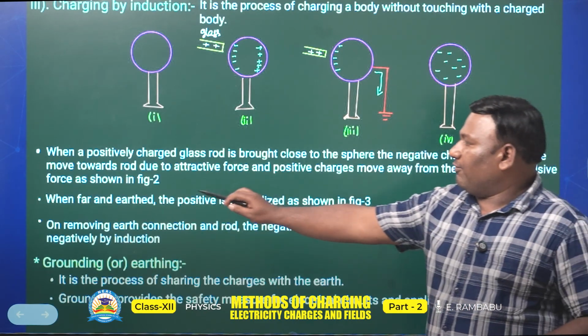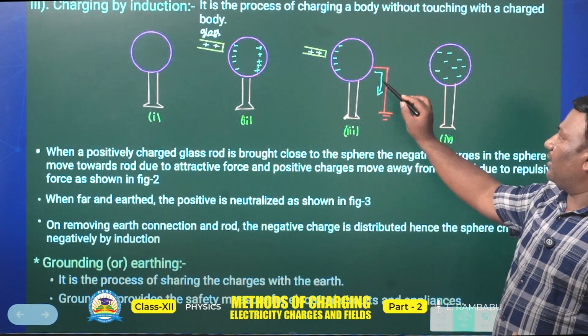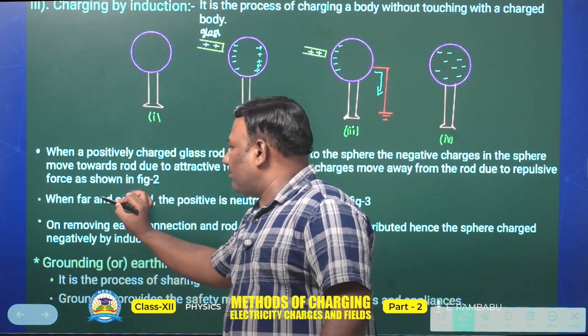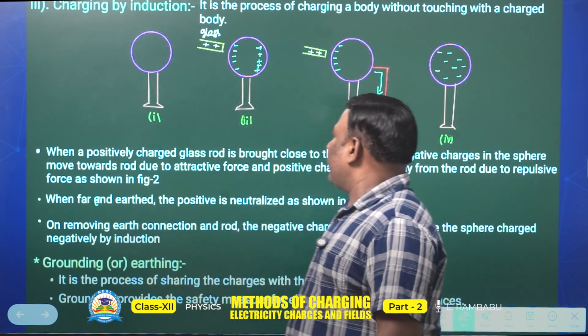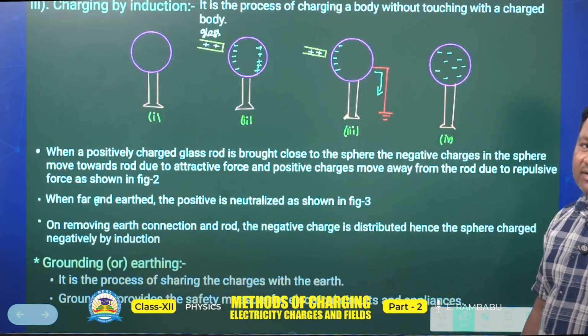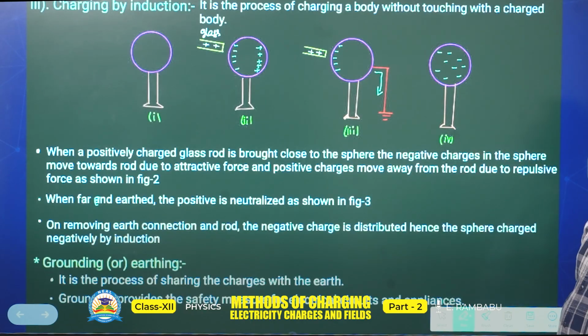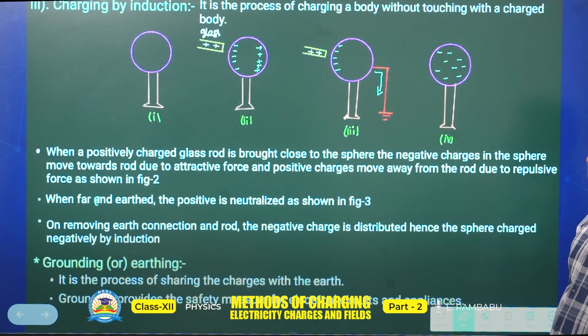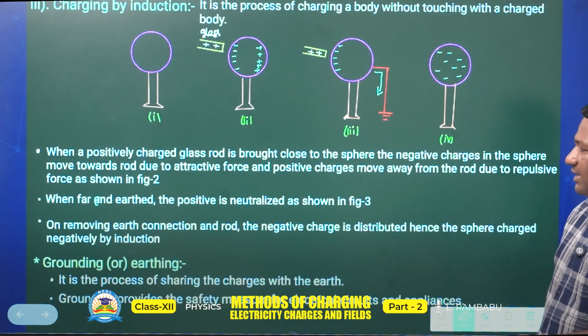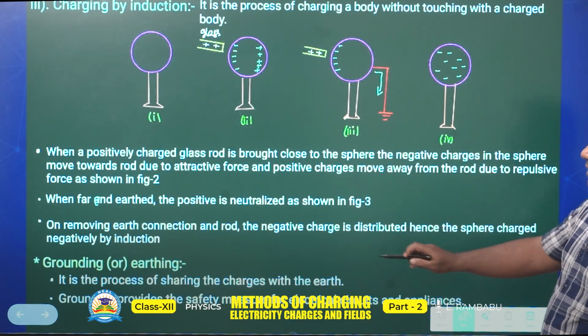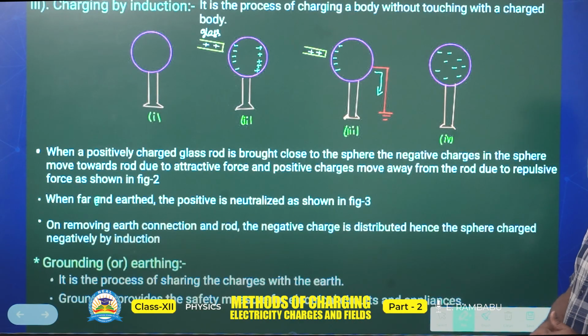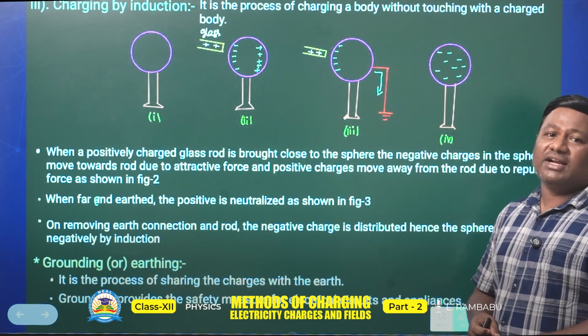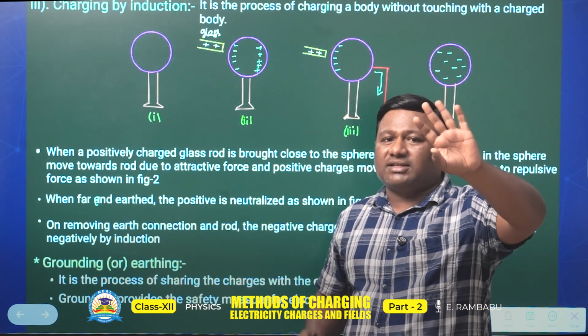When the far end is earthed, all the positive charges are diverted to the earth. Now inside the sphere only negative charge is there. On removing the earth connection and the rod, the negative charge is distributed, hence the sphere is charged negatively by induction.